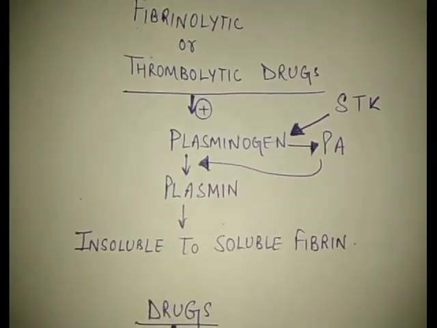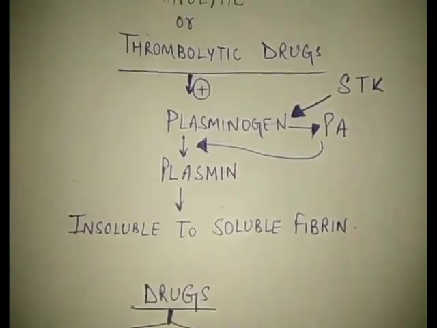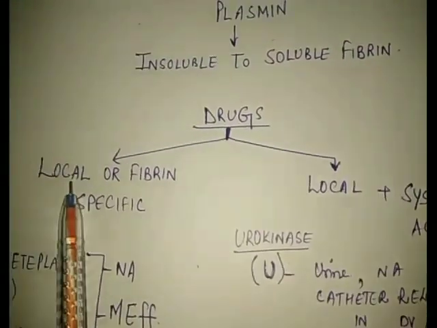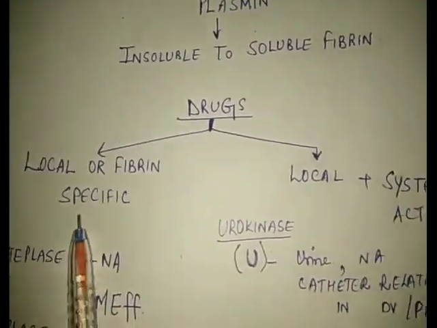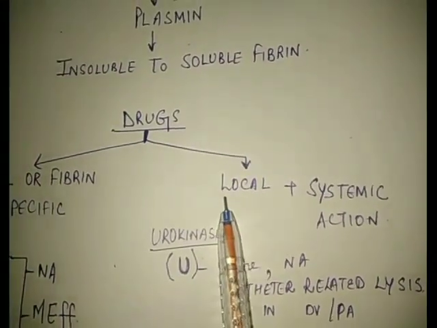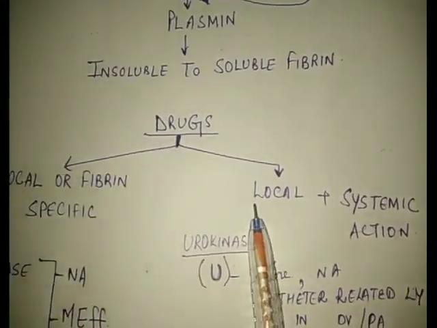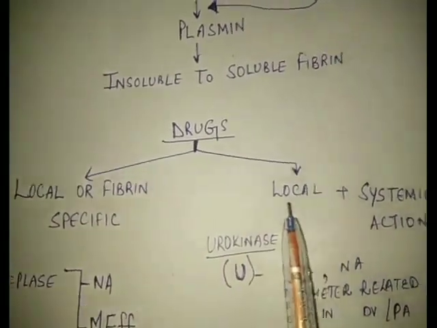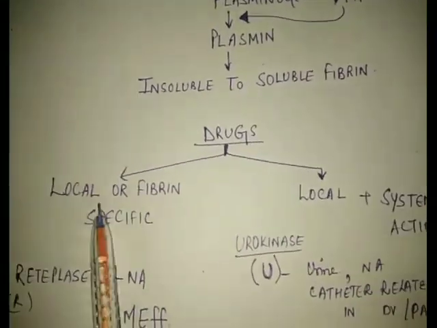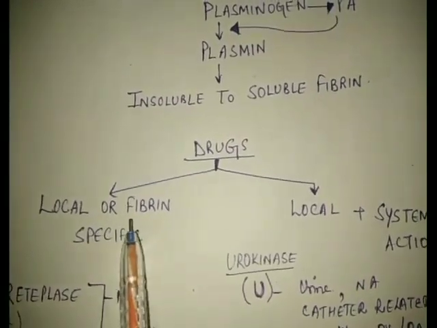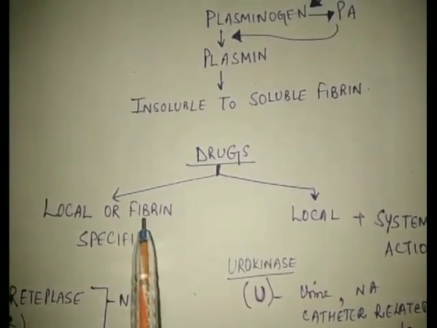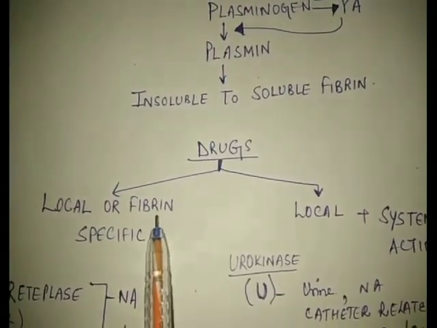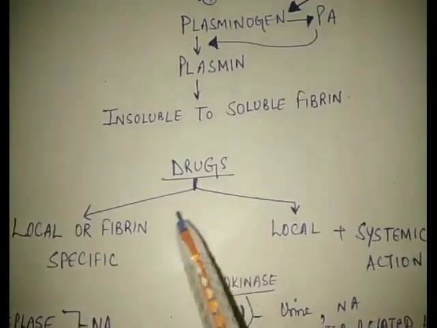Okay, then we study the drugs. Drugs are divided into two groups. One is locally acting or the fibrin specific, and another group having the local as well as systemic action on the thrombus. First understand what is local action and what is local as well as systemic action. The plasminogen is present either on the fibrin which is present on the thrombus, or plasminogen could be present freely in the circulation.